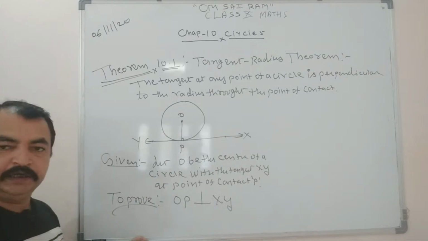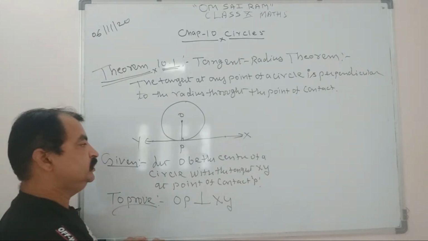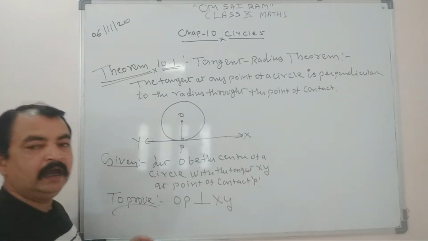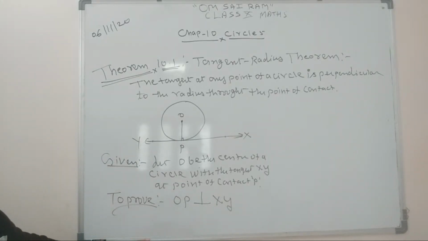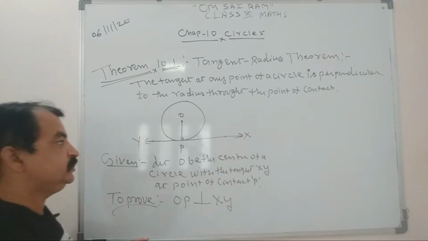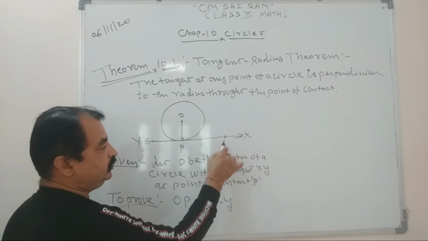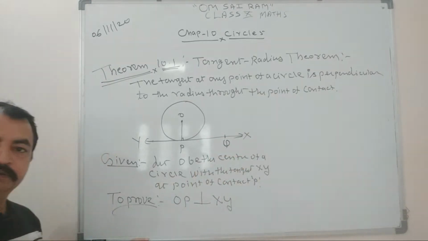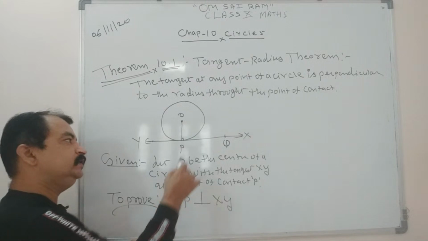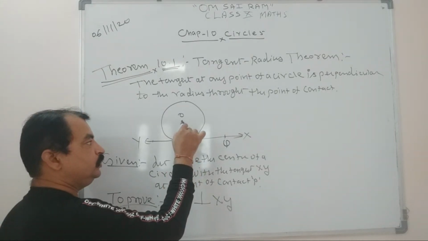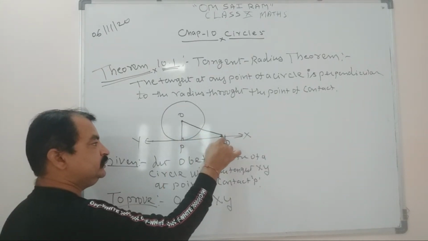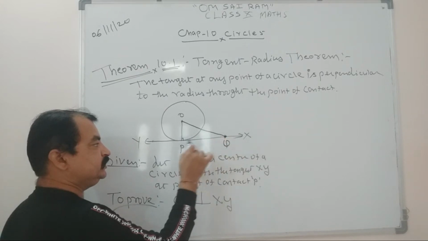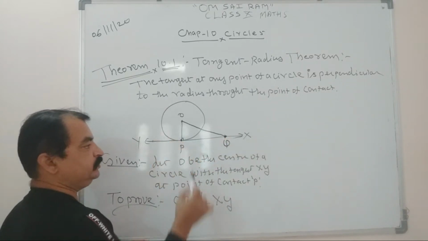Suppose I take another point other than P, here a point Q. Now join the center O to Q. This will be OQ, and this is the point P.